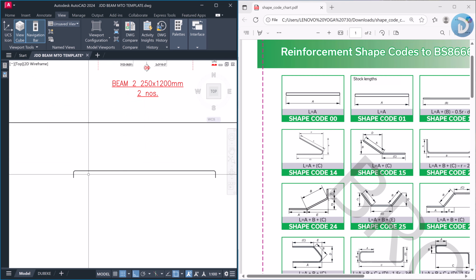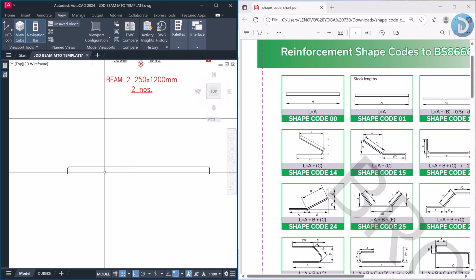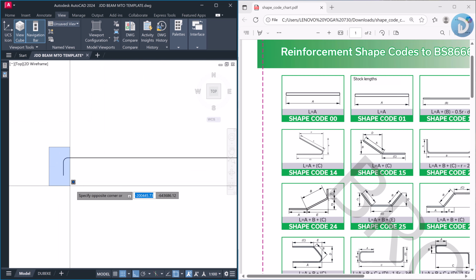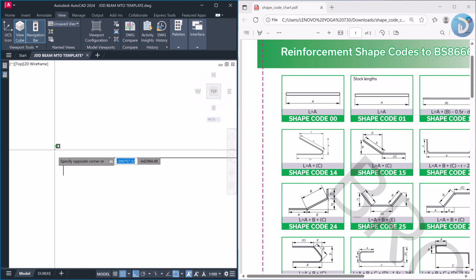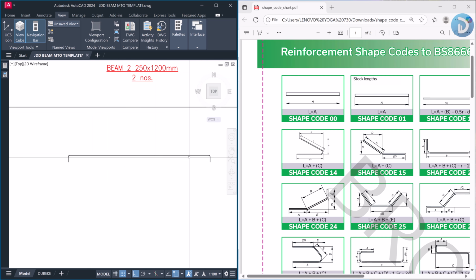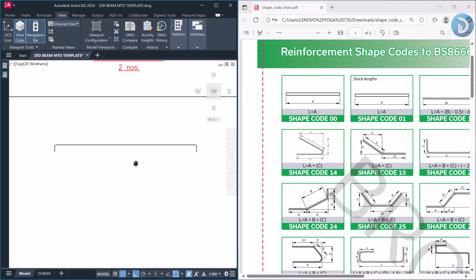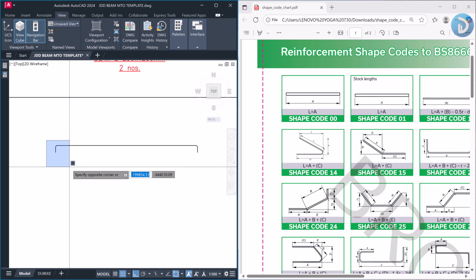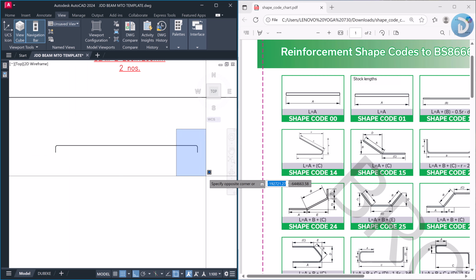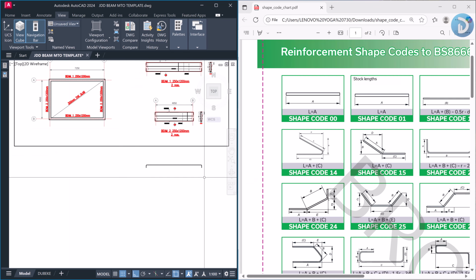From this bar mark 01, you will see that we have one length here, one part of the reinforcement, and we have it bent towards the right. We have it continuous up to this point, and we have the same bent towards the left. Do not forget that depending on the requirement of your beams, this can have a different length, and this can also have a different length. It all depends on the requirements of the beam.